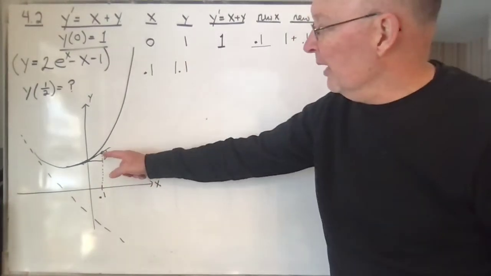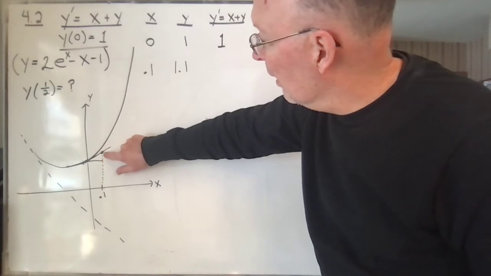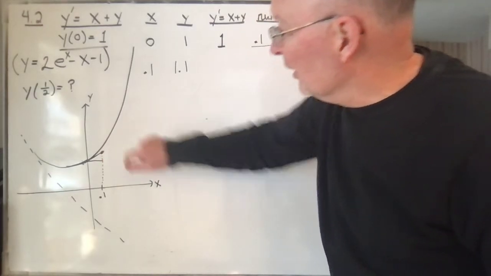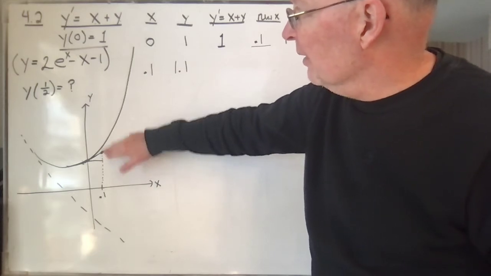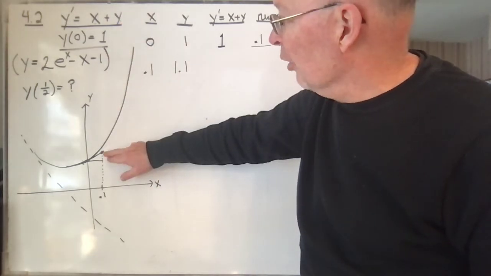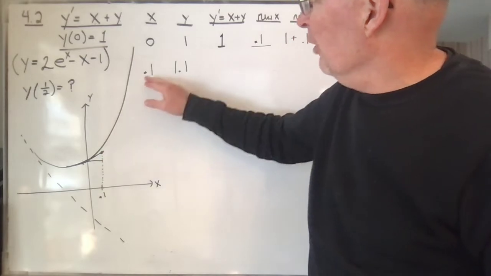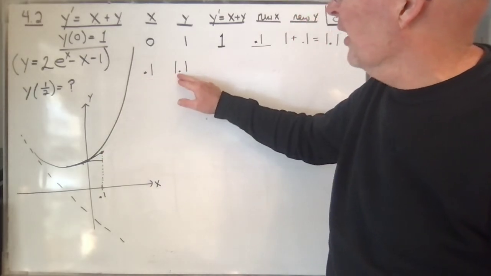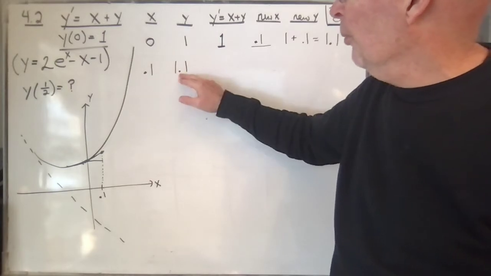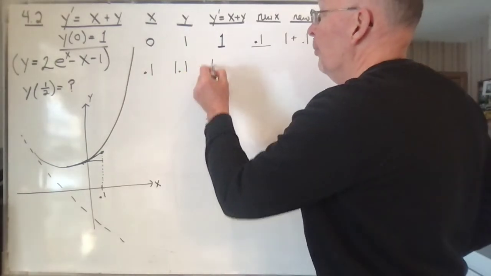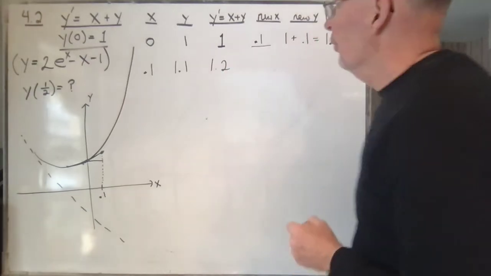So we're at this point right here, and we ask the question, what's the slope of the graph of this thing going to be as it goes through this point? Well, if x is this value and y is this value, what does this say to do? To get the slope, you add them together. So 1.1 plus 0.1 is going to be 1.2. So there's 1.2.